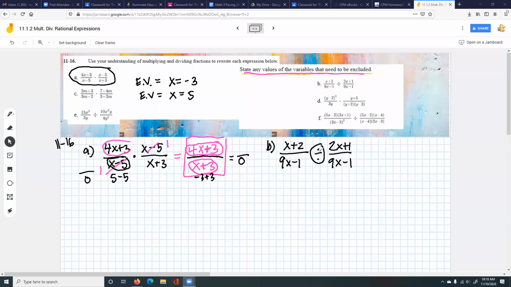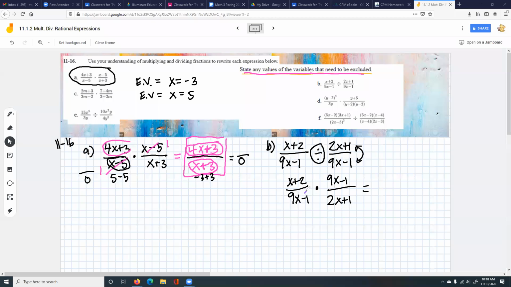It's division. So we need to change this to multiplication, and then we need to flip over the fraction, right? Flip over the second fraction, not the first fraction. So x plus 2 over 9x minus 1 times, and then I'm going to flip this over, 9x minus 1 over 2x plus 1.